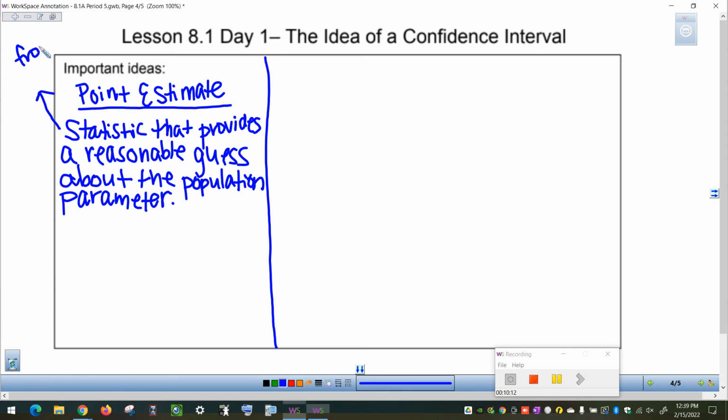And remember that a statistic always comes from a sample. So in our activity for today, we had a sample mean, and we were using that to try to estimate a population mean. You could also do this with proportions. So you could take a sample proportion, which would be a p-hat, and use that to try to estimate a population proportion.